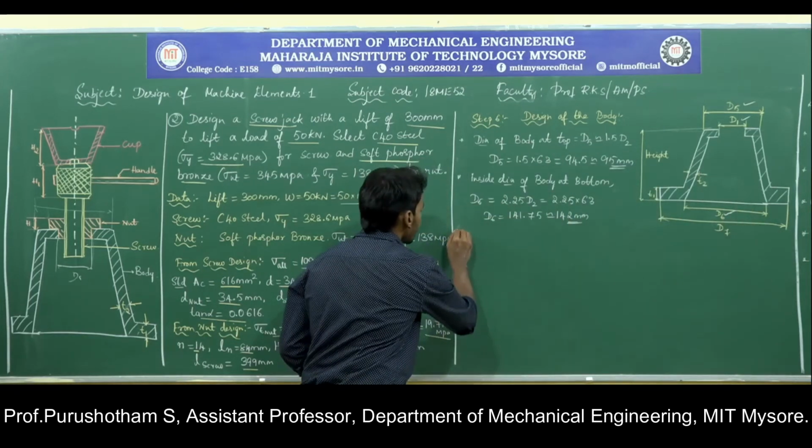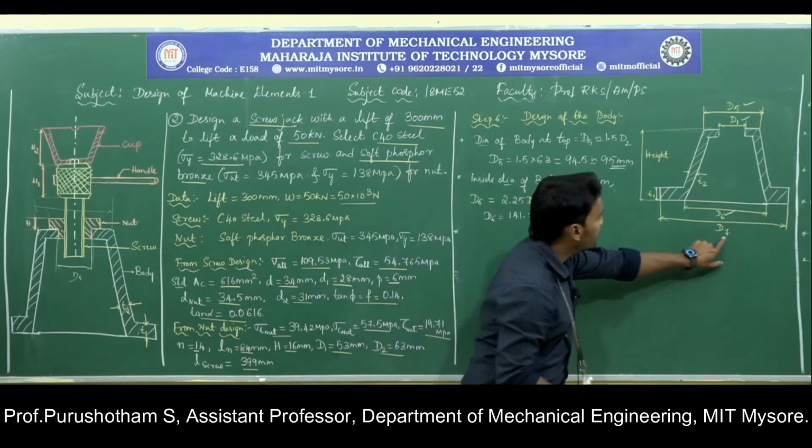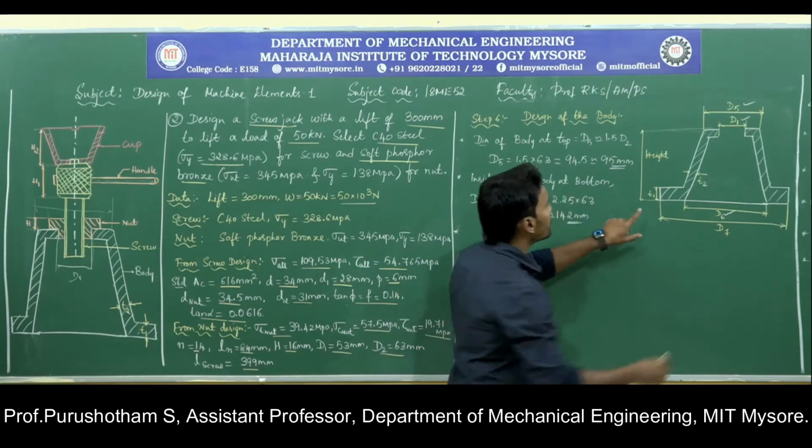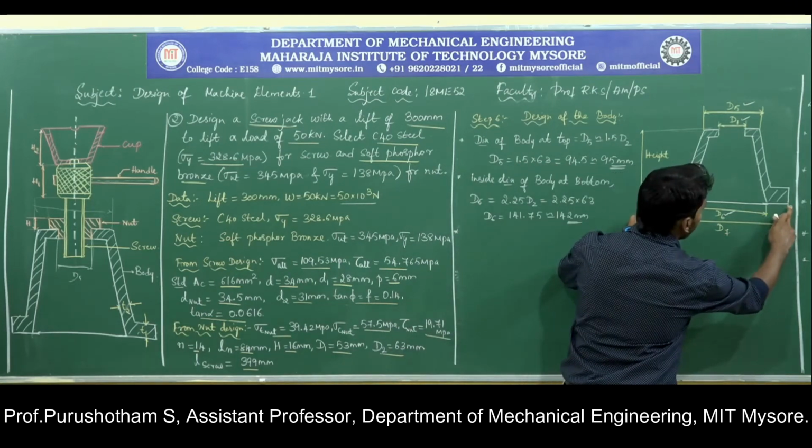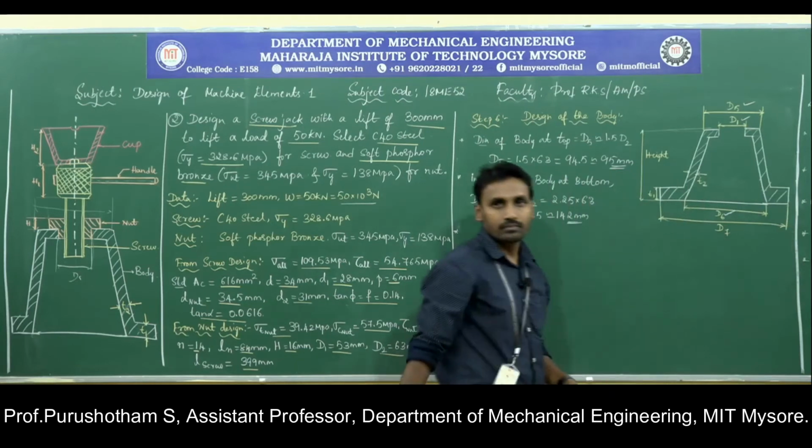Next, D7. D6 is the inside diameter of the body at bottom, and D7 will be the outside diameter of the body at bottom.